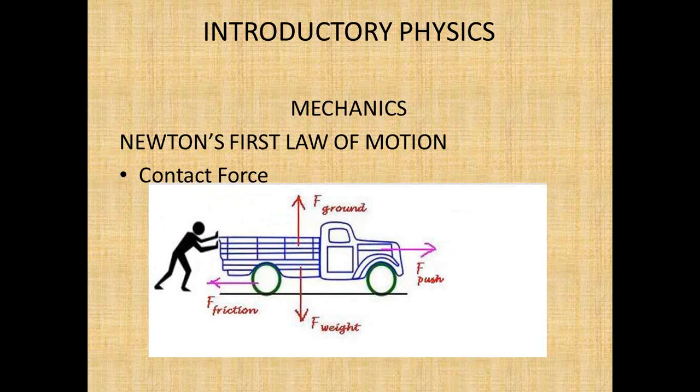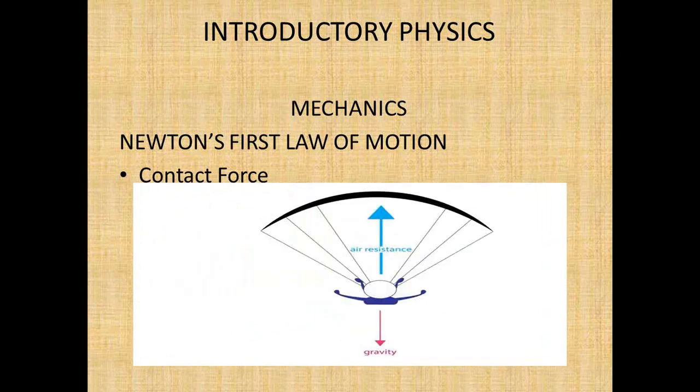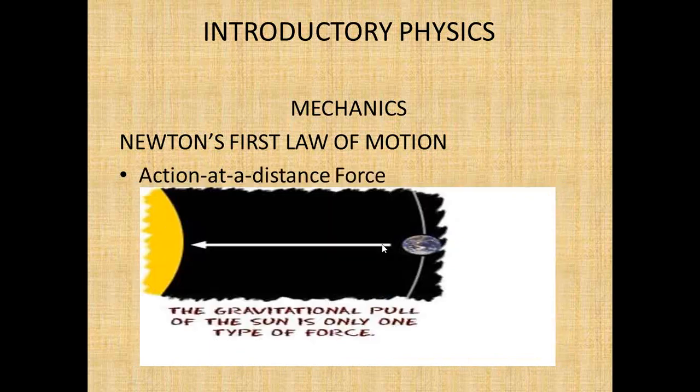So you use your free body diagram to show the forces acting on an object. Say someone is skydiving: gravity pulls them down, force due to gravity, and air resistance is going to be upward. As opposed to action at a distance force.